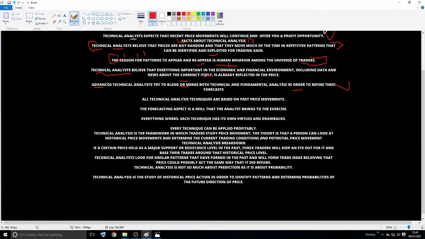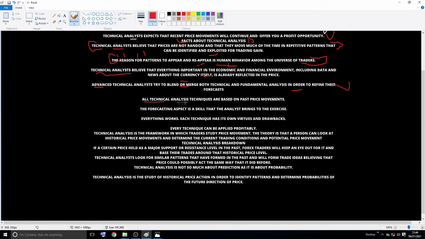And as they always say, 2 is better than 1. Someone who uses fundamental and technical analysis can sometimes be better than someone who uses technical analysis only, or fundamental analysis only. So it's better to use both if you can.